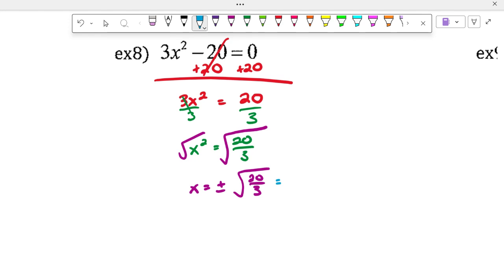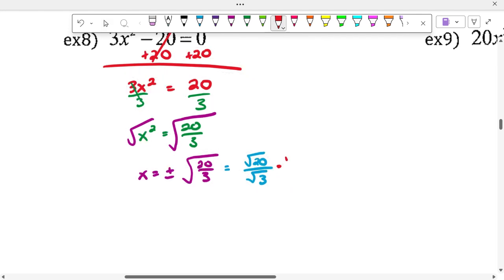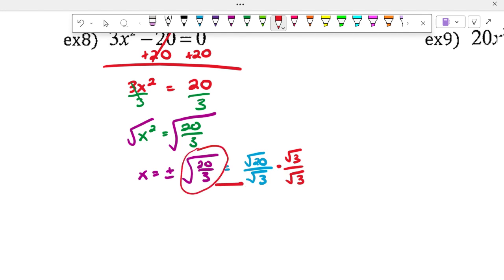Well, I can't multiply anything yet until I rewrite it as what? I have to rewrite it as square root of 20 over square root of 3 first. Then I can multiply the top and the bottom by the square root of 3. So you cannot multiply anything in this form. You got to get it to that form first. So this would be the square root of 60 over just positive 3.